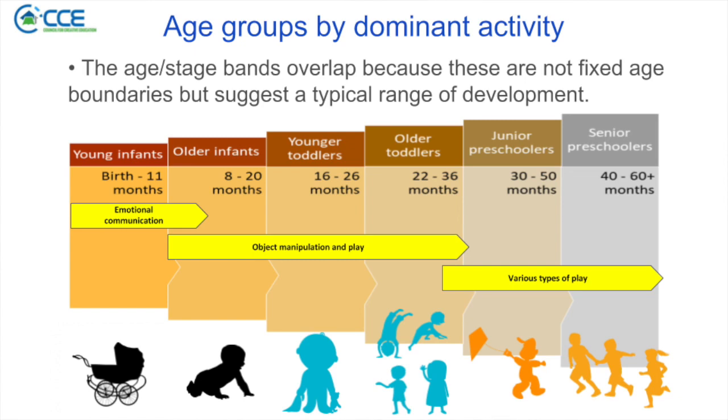An overlapping period is starting at about age of 8 months. It's a period for like more of object manipulation and play as a dominant activity through this period. And then when we reach the stage of a junior preschooler, we can talk about the various types of play, or more broad range of play as a dominant activity.